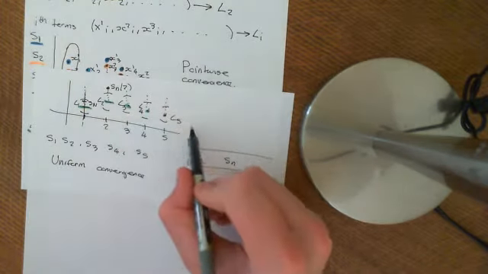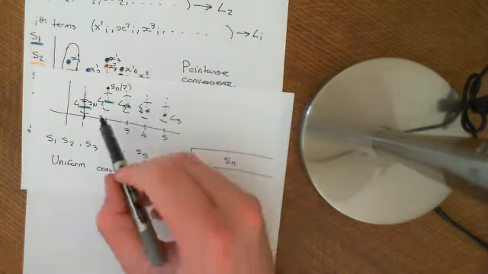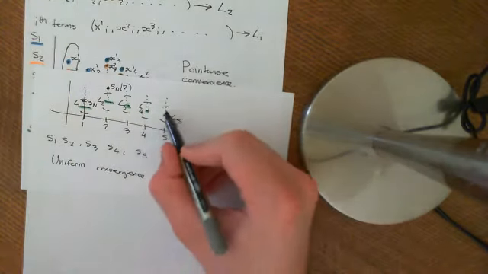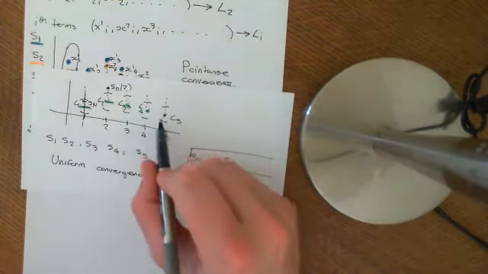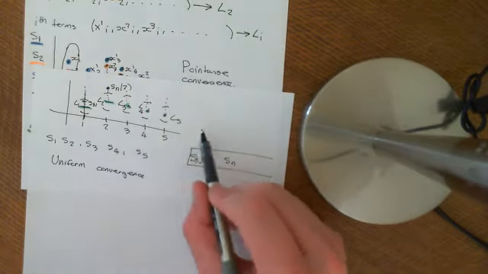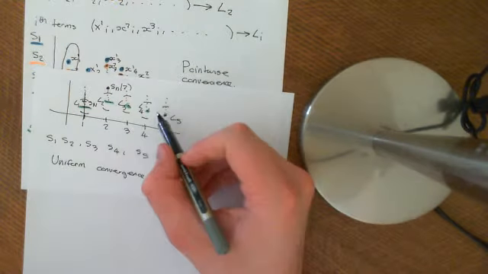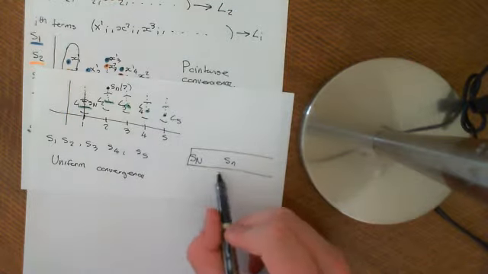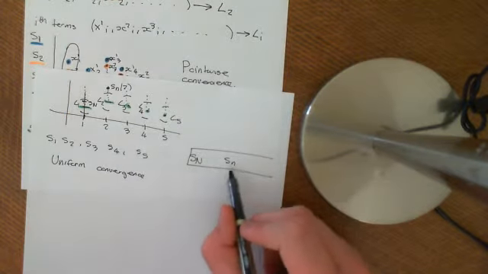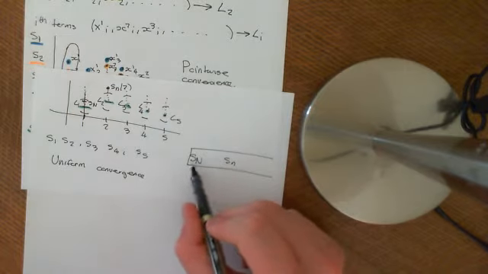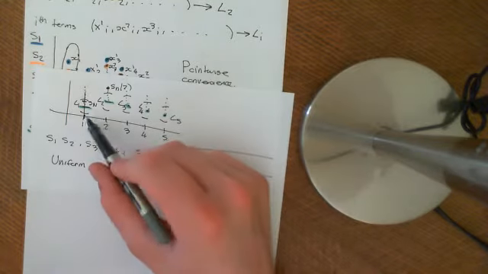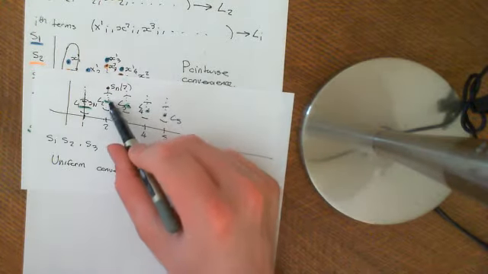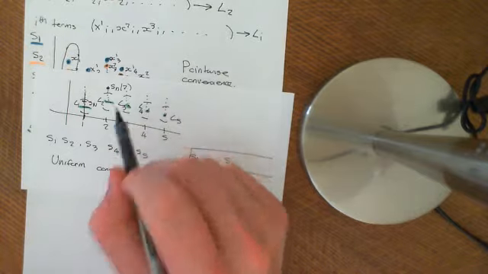Uniform convergence says you give me an epsilon, I'll draw epsilon balls around every single point's limit, and I can guarantee you that I will be able to find you a big N such that if I take any sequence beyond that, then any sequence S little n will map each of these natural numbers into the epsilon ball around the limit for that point.